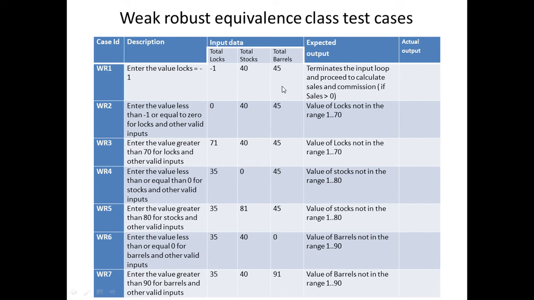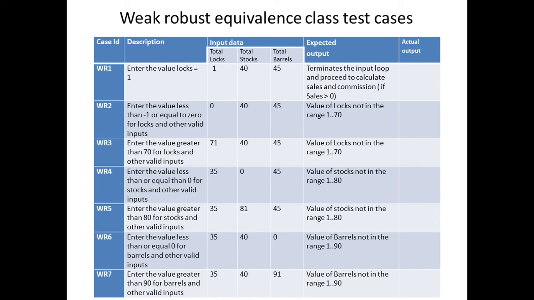In this case, it indicates that the salesperson completed his sale, so it will terminate the loop and proceed to the calculation of sales and commission. Next, come to WR2. Here total locks is equal to 0, where 0 is below the minimal value they have given.